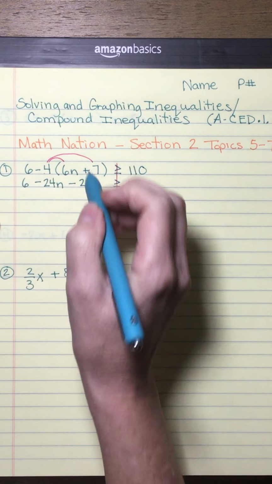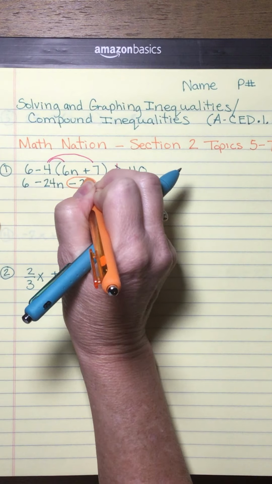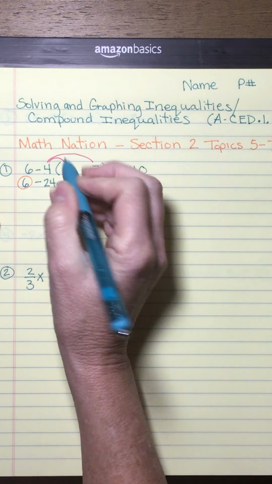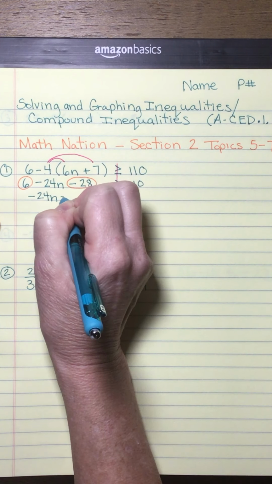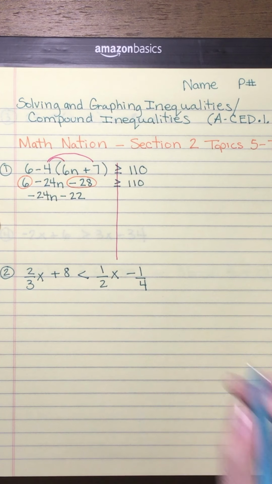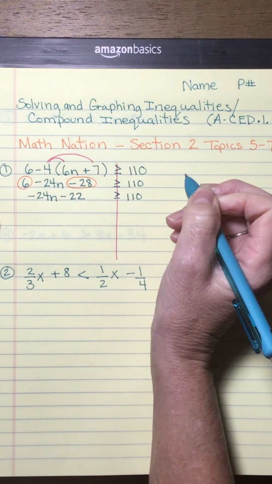Now I'm going to go ahead and combine my like terms, so I can combine this term with this term, and I'm going to write it in standard form here, so -24n, and I have more negatives than positives. It looks like we have 22 more negatives. That's greater than or equal to 110.